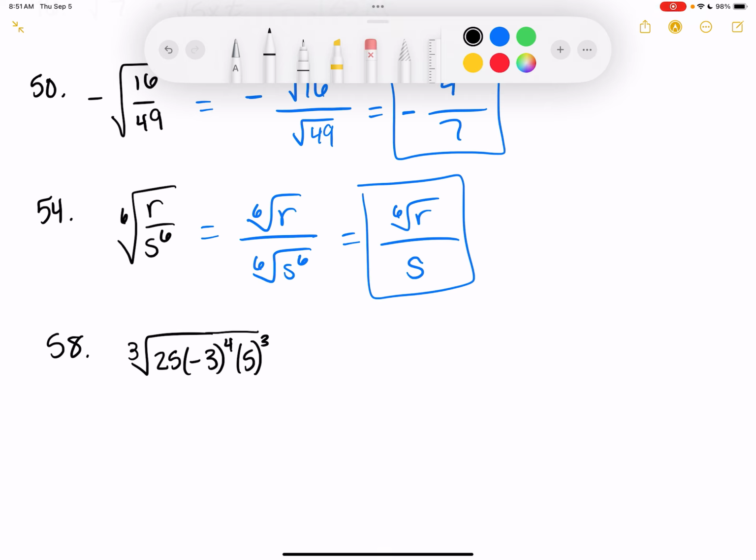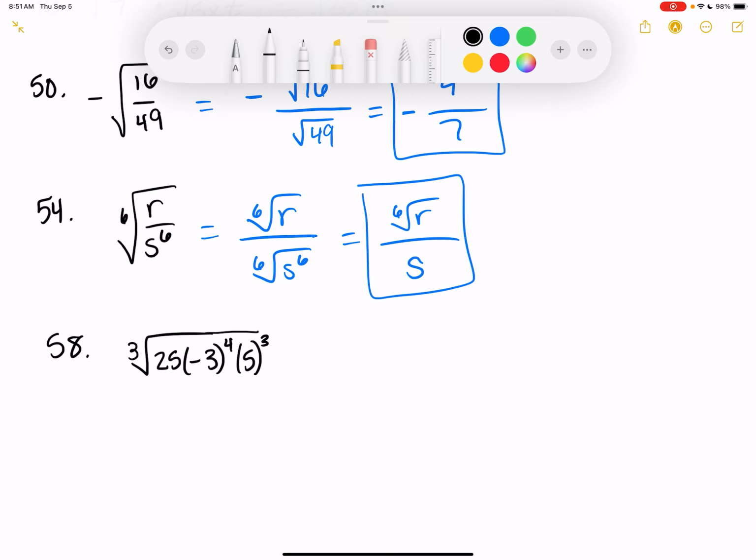So a couple things about this one. Obviously, we're taking the cube root. I've got a bunch of numbers raised to a power. I see a negative sign in there, but I'm not overly worried about it because it's raised to an even power. And if I raise a negative to an even power, what happens?